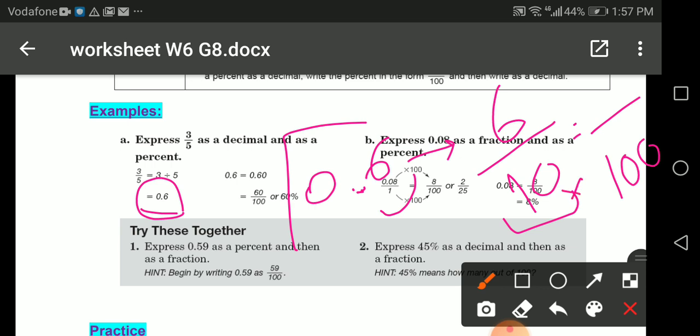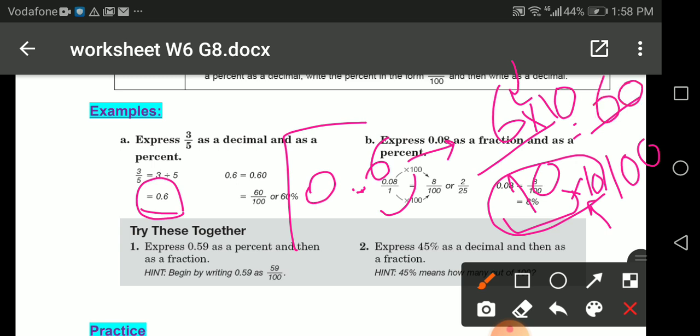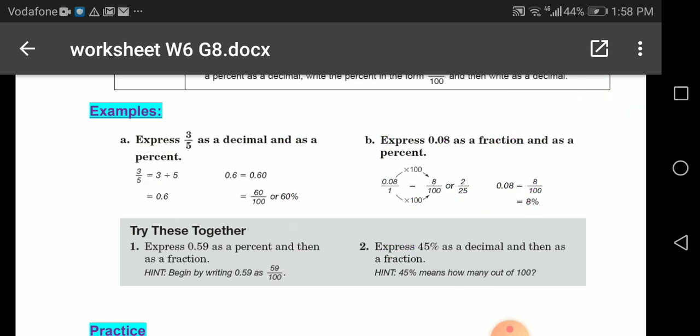For 10 to be 100, 10 is multiplied by 10. What I do down, I do up. So here multiply by the same 10, and we got 60. 60 over 100 is 60%. Now it's easy? I think it is.